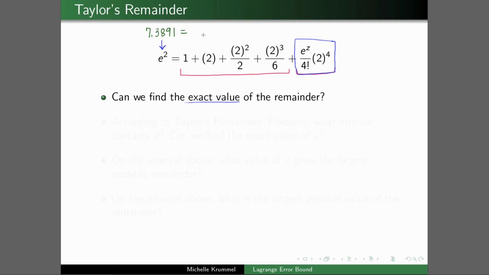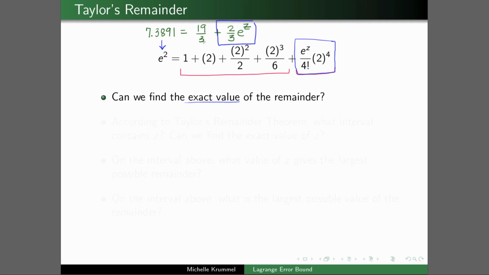And p3 at 2, if we add these 4 terms together, gives us 19 over 3. Plus, and I can simplify 2 to the power 4 over 4 factorial. That's 2/3. So I have 2/3 times e to the power z. The exact value of our remainder is 2/3 times e to the power z.